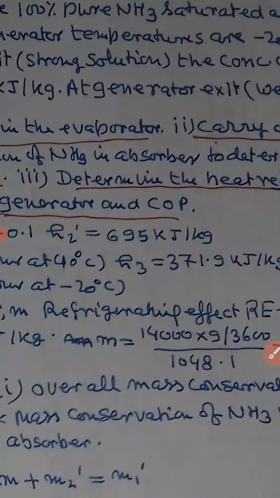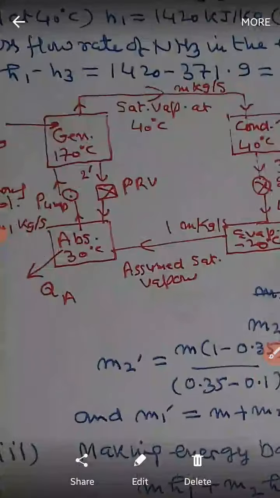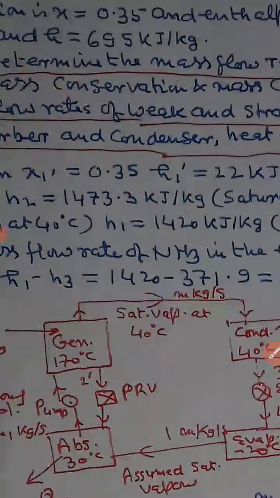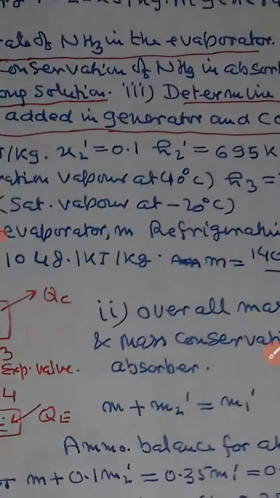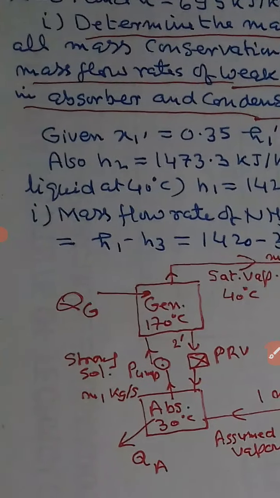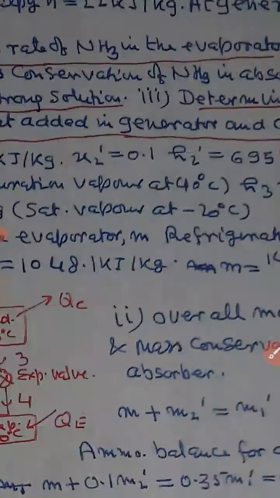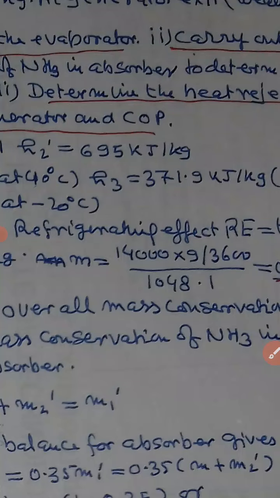Third part, determine the heat rejection in the absorber and condenser, heat added in the generator, and COP. COP has been found out. So in that way this numerical is complete. Thank you for listening to me.